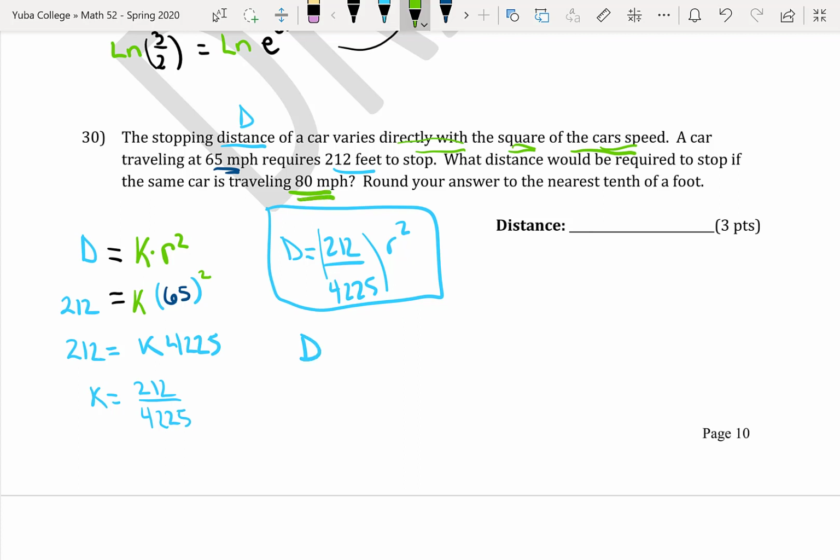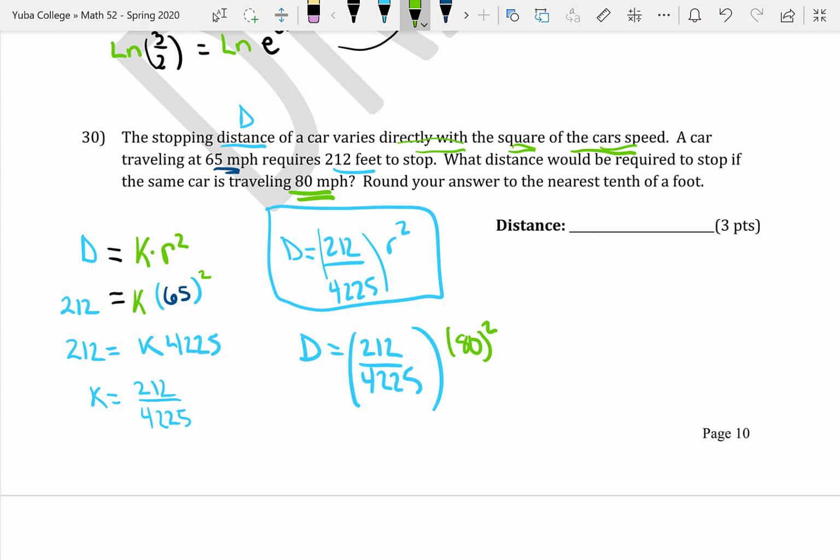So that would be 6,400. So D, round your answer to the nearest tenth of a foot.